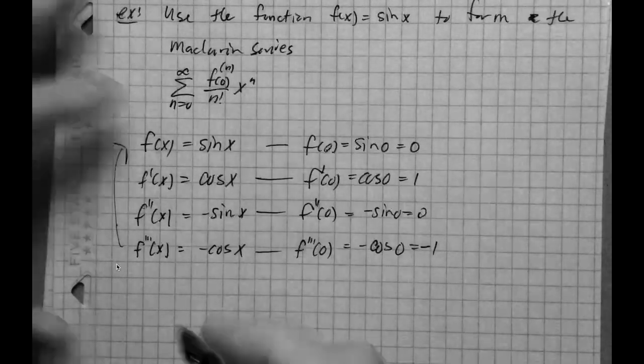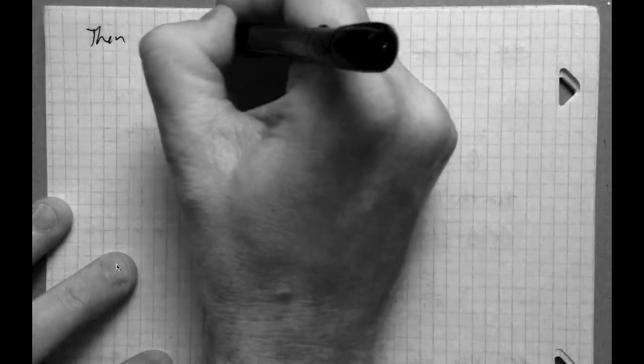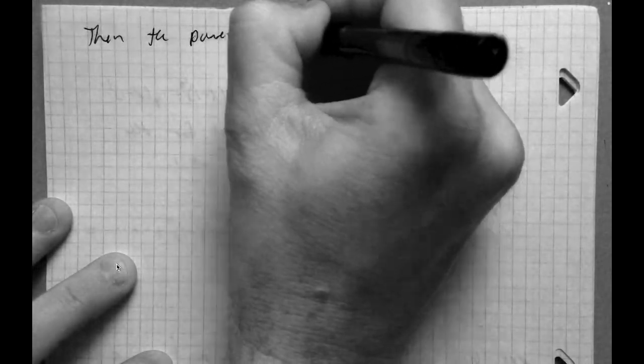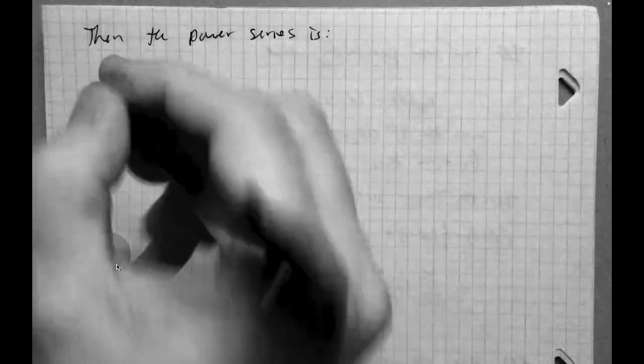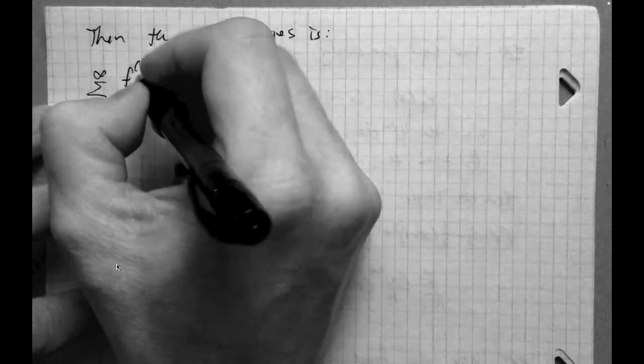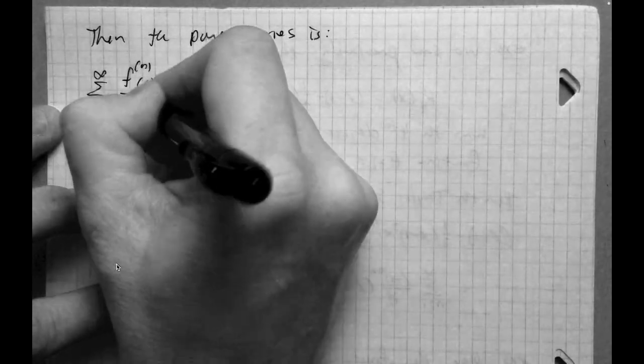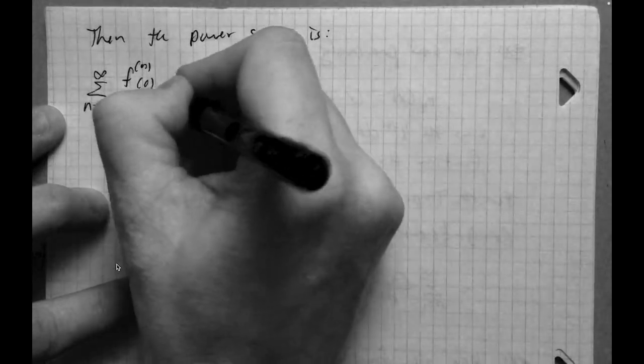And so then the power series is, so it's sum n equals 0 up to infinity of the nth derivative of f evaluated at 0 in this case over n factorial times x to the n.